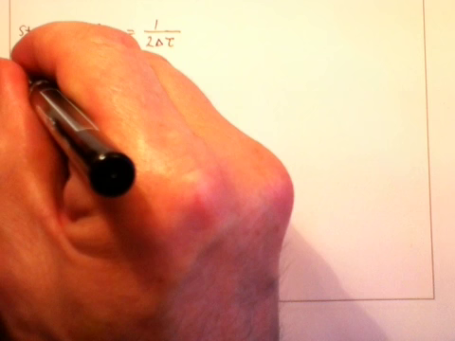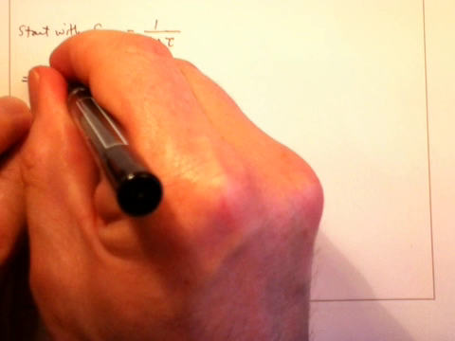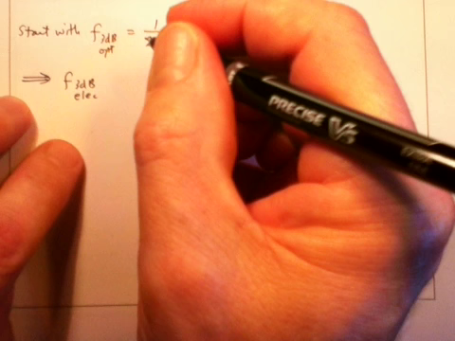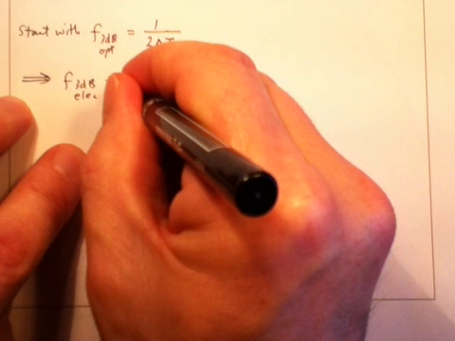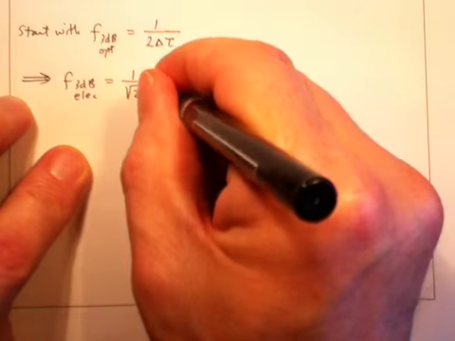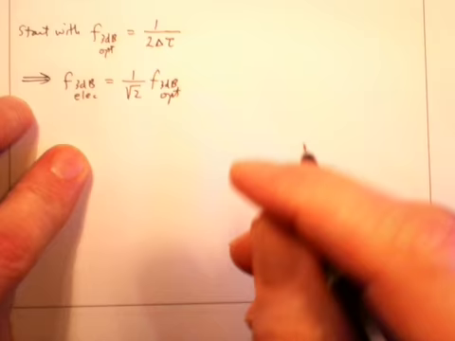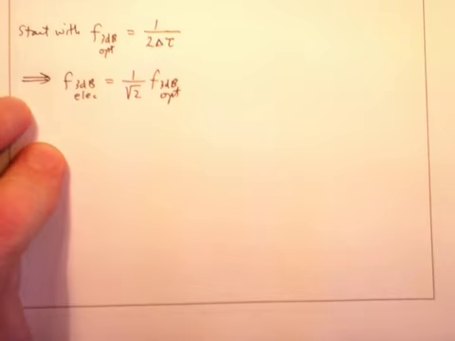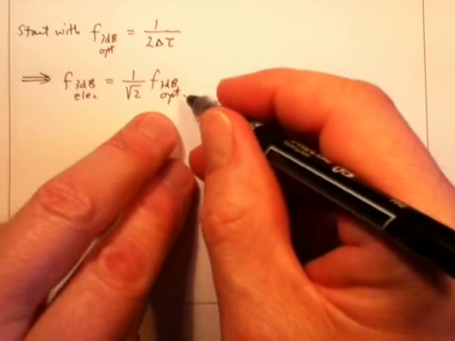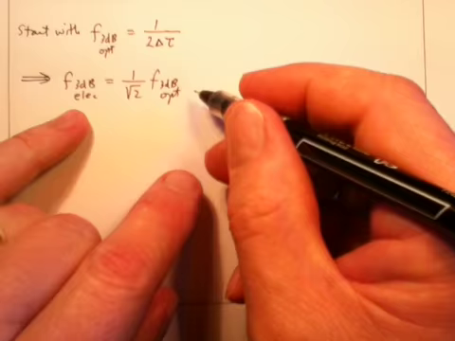From that, we can derive that F 3 dB electrical is 1 over the square root of 2 times that value. That's something we derived in the last video: conversion between electrical and optical bandwidths.